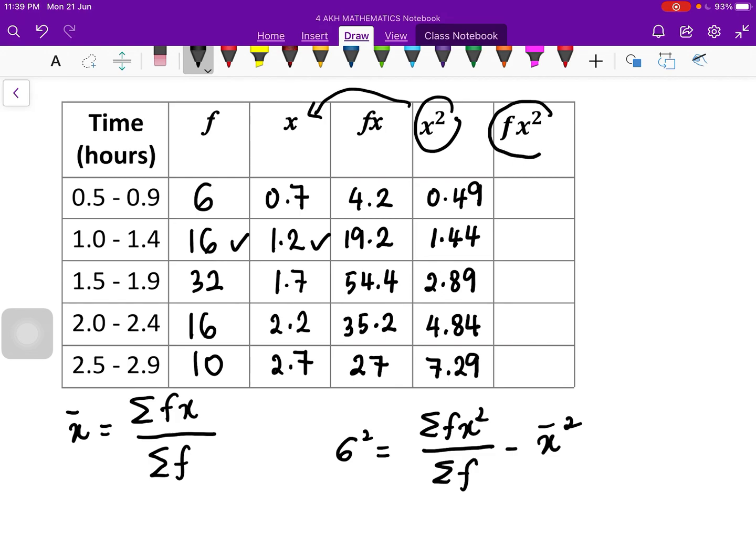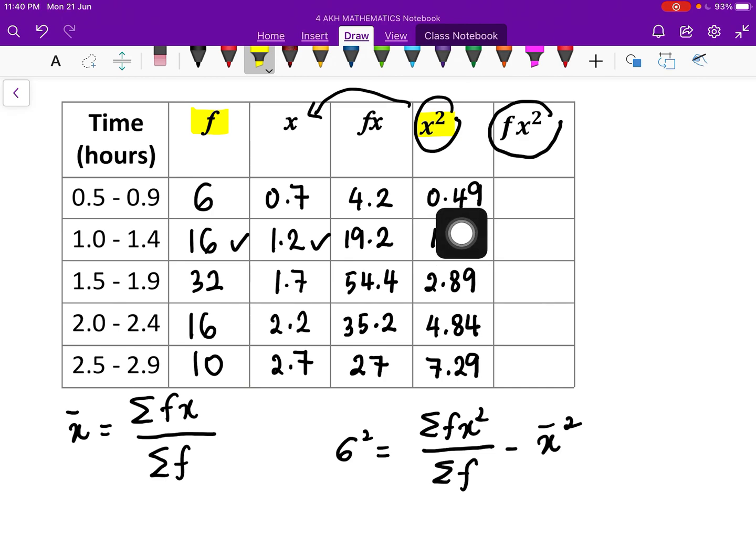Okay, and then fx square, kita akan darab frekuensi dengan x square. Bukannya kita ambil fx ni kita squarekan. No, fx square kita akan ambil f and then multiply with x square.